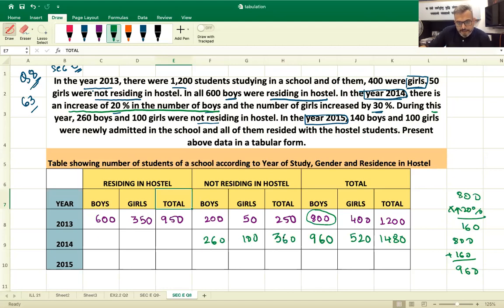Let's fill in the gaps. 960 boys में से 260 hostel में नहीं रह रहे हैं. So 700 boys are residing in the hostel. 520 girls में से 100 girls are not residing in hostel. So 420 are residing in hostel. Do the total. 1120.